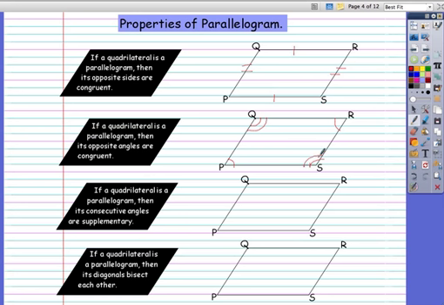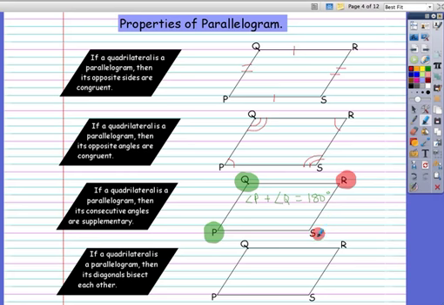So if opposite angles are congruent, then consecutive angles, so P and Q, they're consecutive because they're together on the same side and there's nothing in between them. So they're consecutive angles and they are supplementary. Let's highlight Q and P. If they're supplementary, angle P plus angle Q, supplementary angles add to 180 degrees.